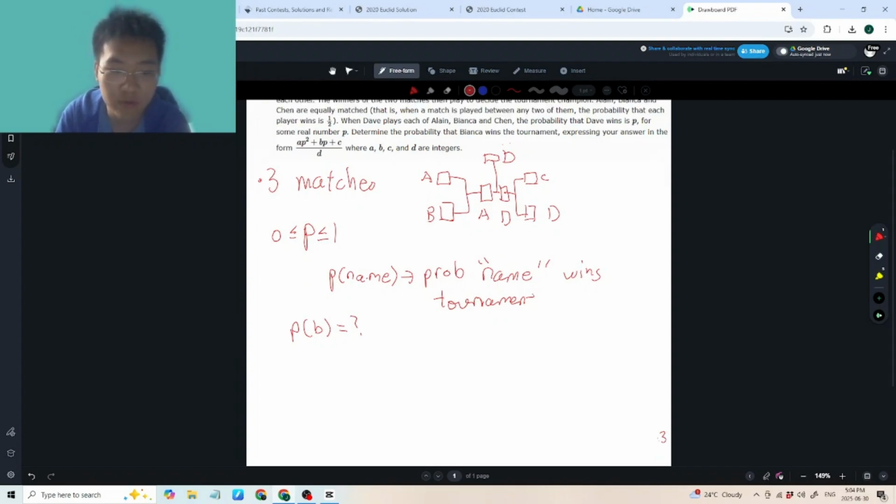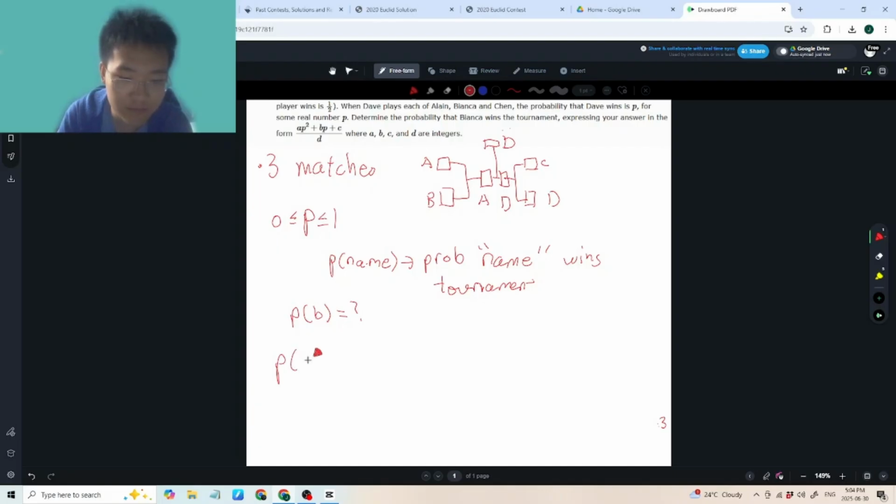So the probability that Dave wins the whole tournament is equal to the probability of him winning the first round, which is P, as well as him winning in the second round, which is also P. Which means the probability of Dave winning the whole tournament is P squared. Now we're getting somewhere.